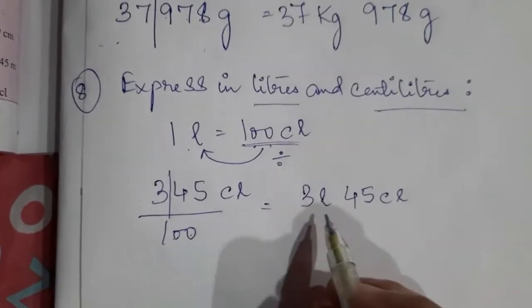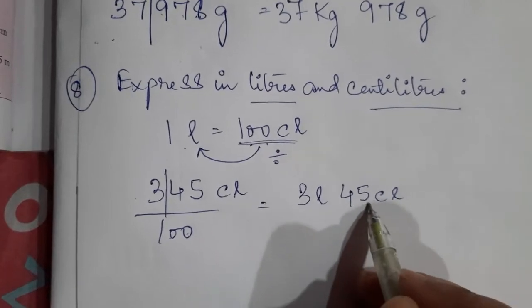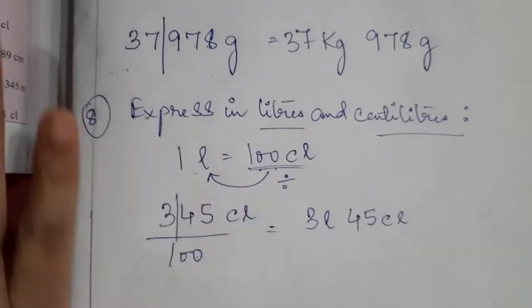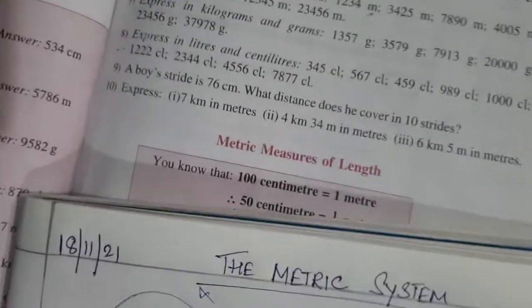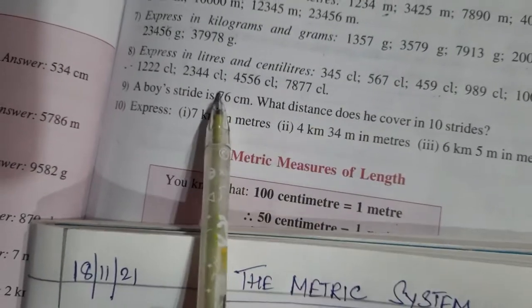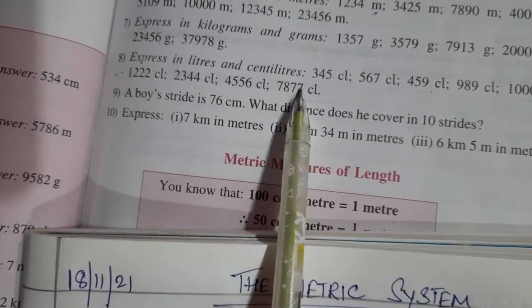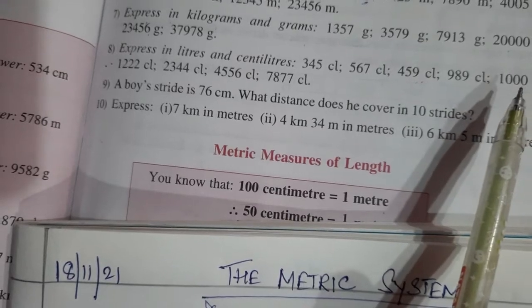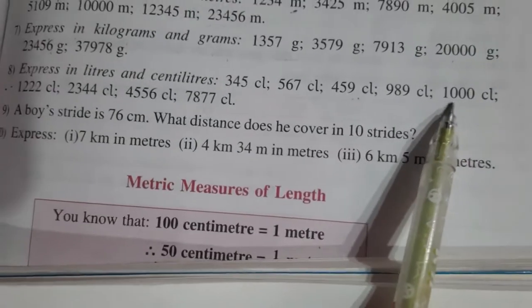So this becomes 3 liter, 45 centiliter. Very easy, isn't it? Now let's do question number, this one. 1000 centiliter.